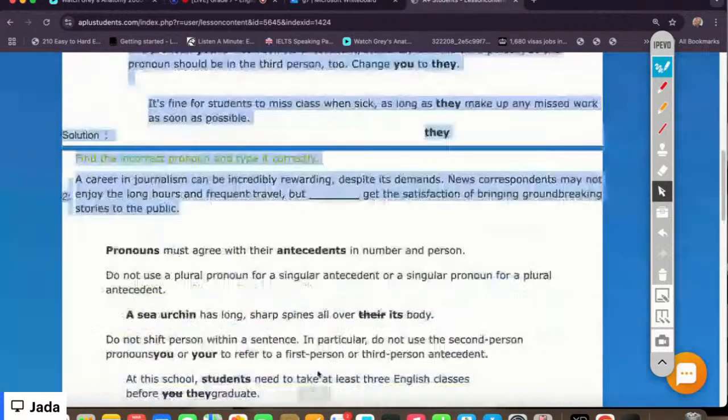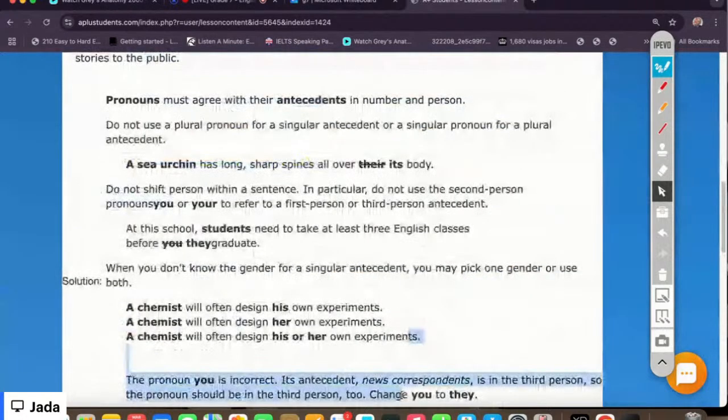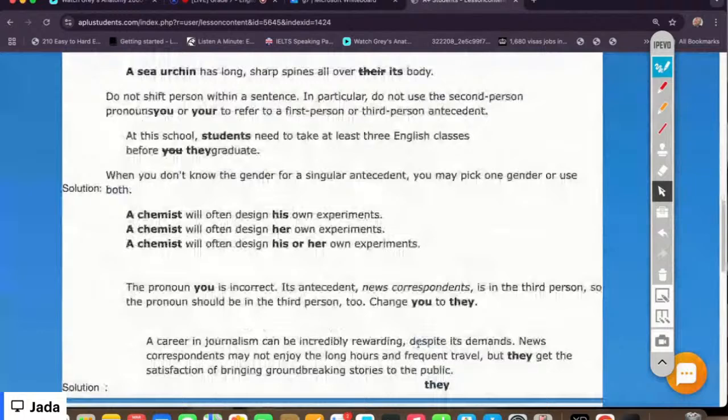What do we have here? So you can say, but they get the satisfaction of bringing groundbreaking stories. So you cannot use you. If you use you, it is incorrect, okay? Because the news correspondent is in third person. So the pronoun should be in third person as well.